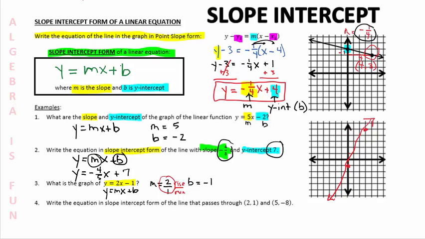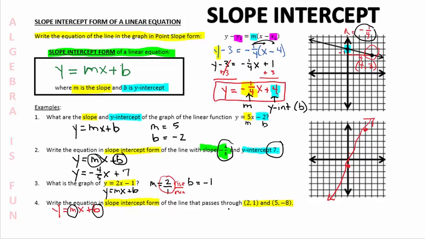All right, we've got one more example. Write the equation in slope-intercept form of the line that passes through 2 points. All right, so remember, slope-intercept form, y equals mx plus b. The two things I have to have as numbers are the m, which is the slope, and the b, which is the y-intercept.